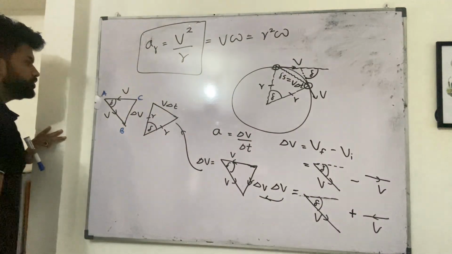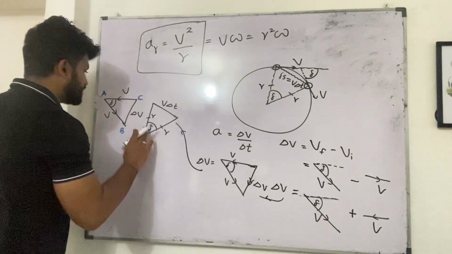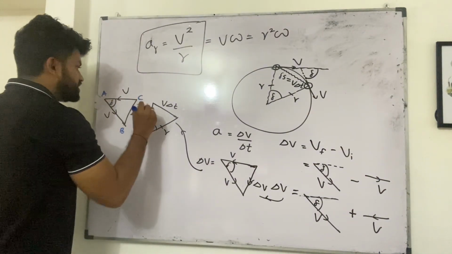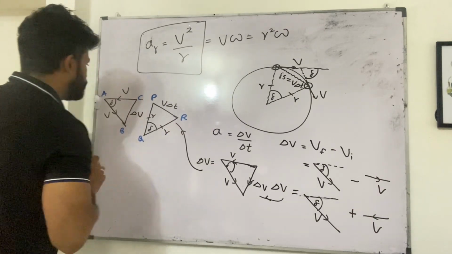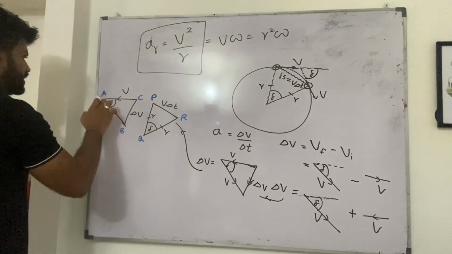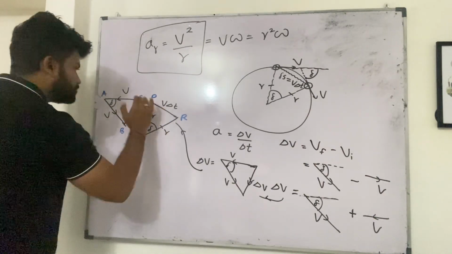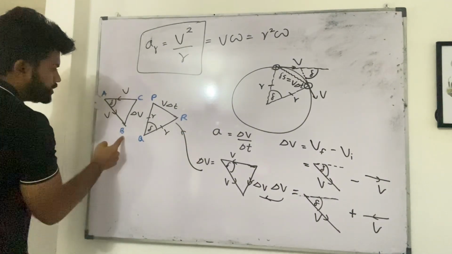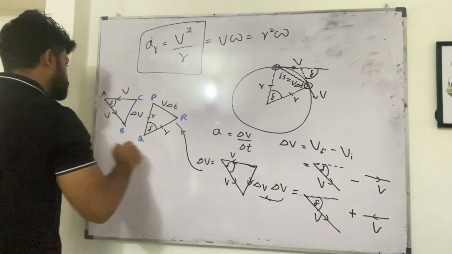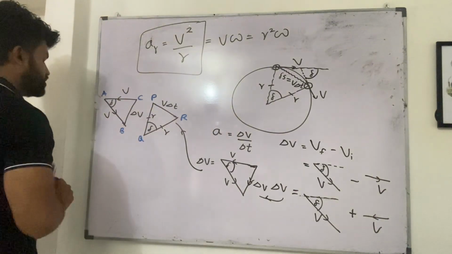So you can see now these corresponding sides. When this is ABC, I'm going to take it as PQR. So now I can see that BC to PR are two corresponding sides, and AB to QR, these two are corresponding sides.